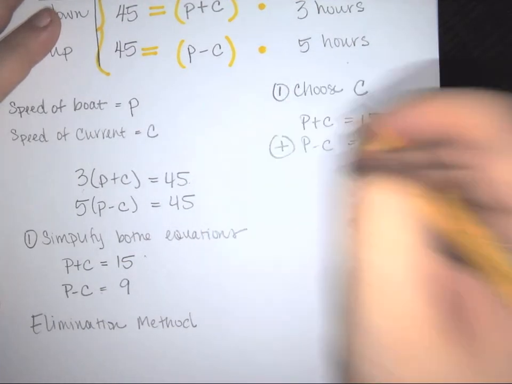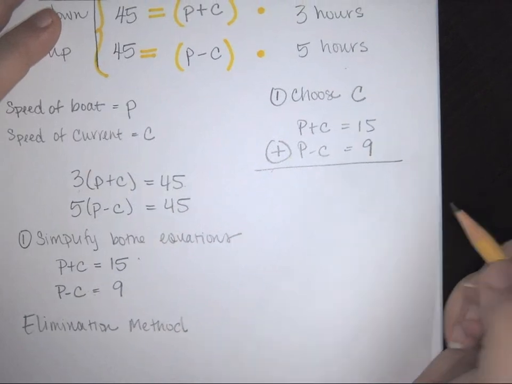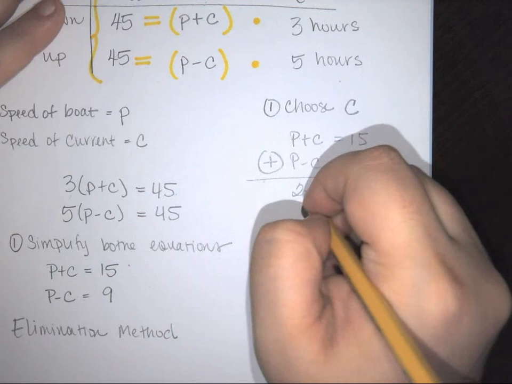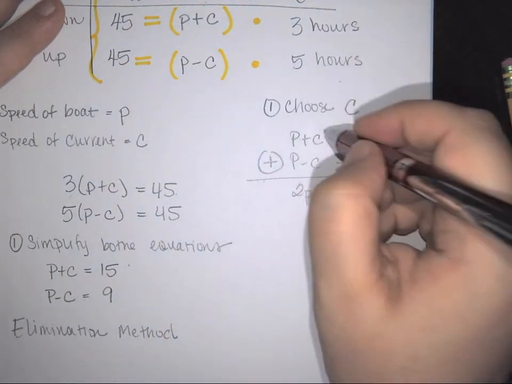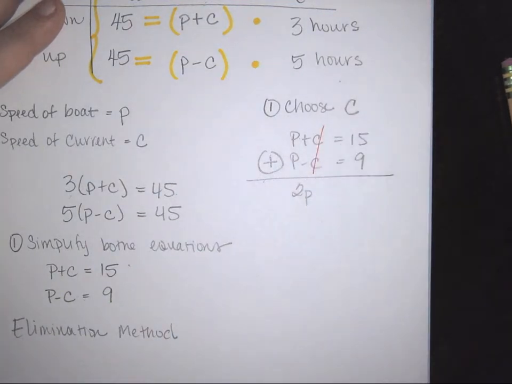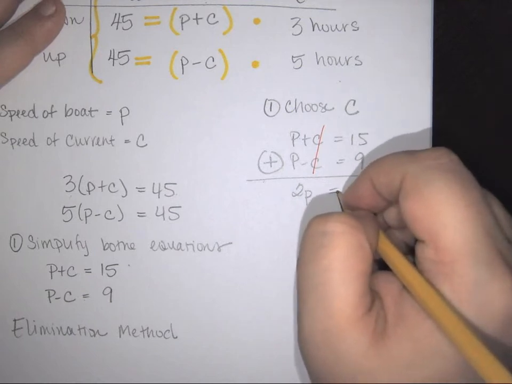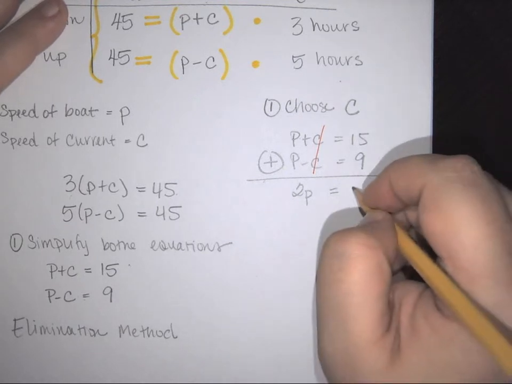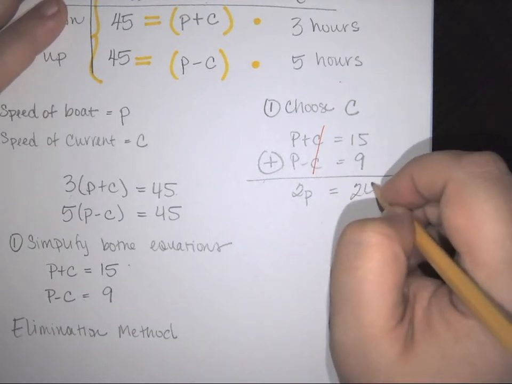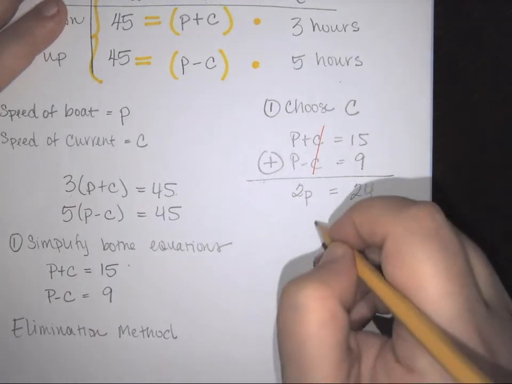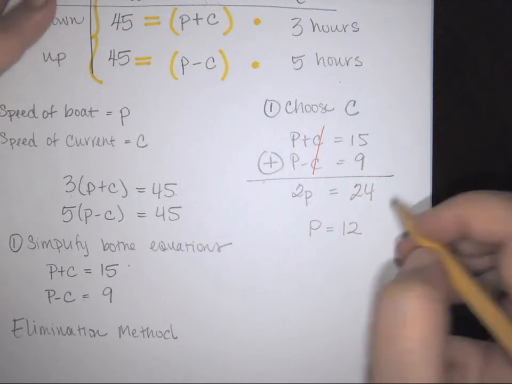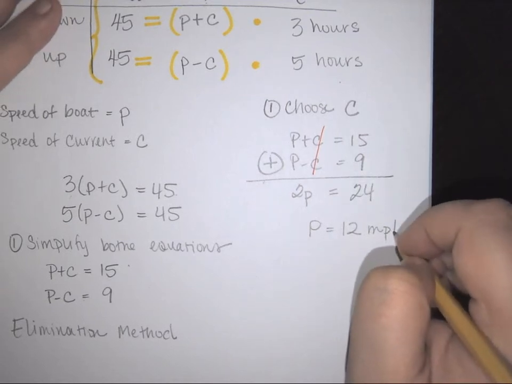And elimination method says I have to add them vertically. So P plus P is going to give me a 2P. My C's are same coefficients, opposite signs, so they go away. And then here I'm going to have 15 plus my 9, which gives me 24. Divide everything by 2 and we end up with P equaling 12. And this is going to be miles per hour.